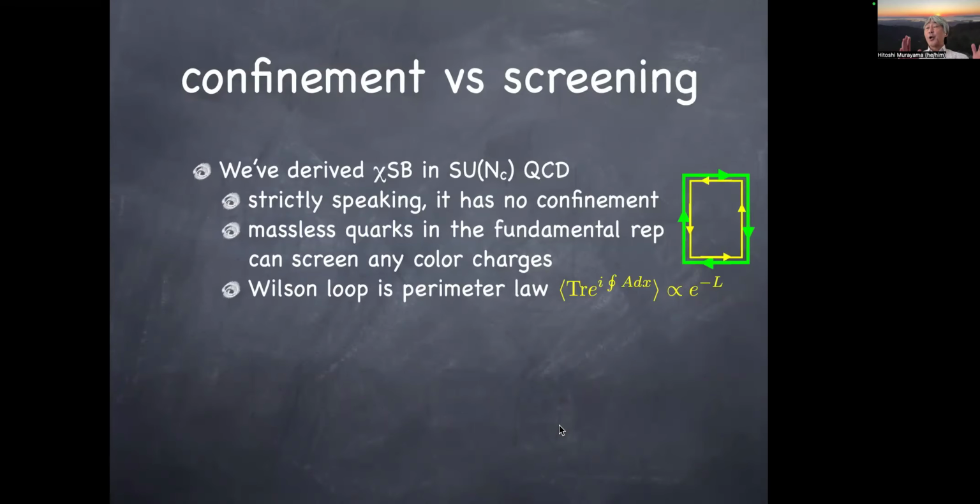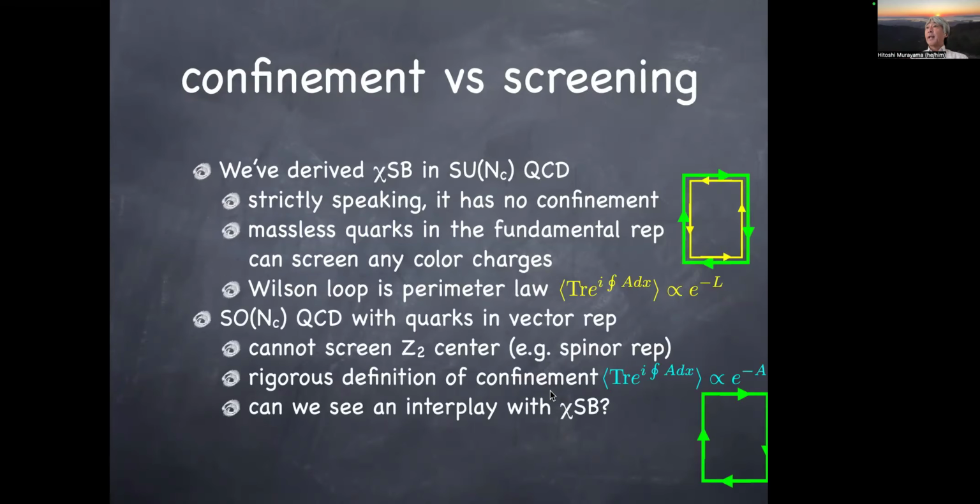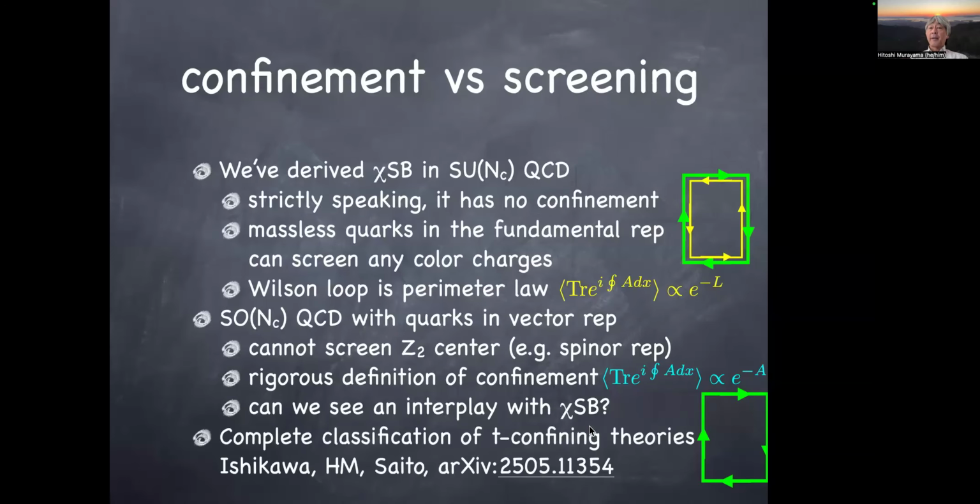So there's actually no rigorous definition of the area law of the Wilson loop and hence confinement. But if you go to SO and Sp gauge theory with quarks in the vector representation, you cannot screen the Z2 charge of the spinor representation. And now you have a rigorous definition of confinement.